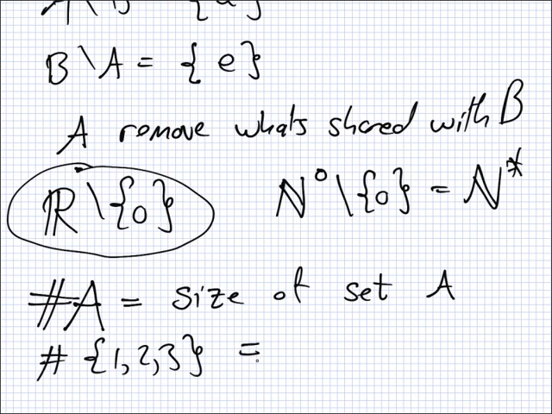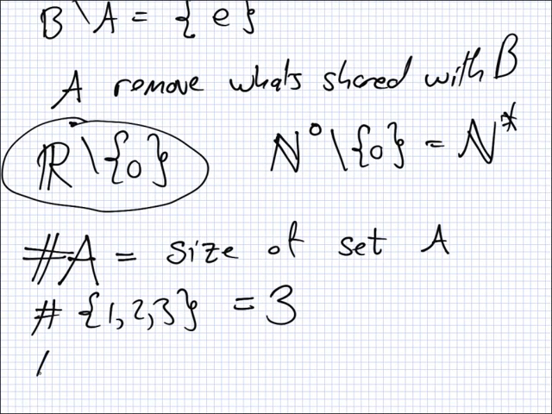What's that? Just 3 elements. So I guess if you had this set, 1, 1, 1, 1, what's that? How many elements are in this set? 1. Right? Yeah.